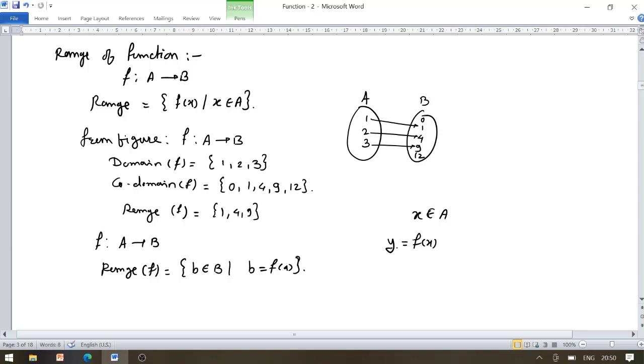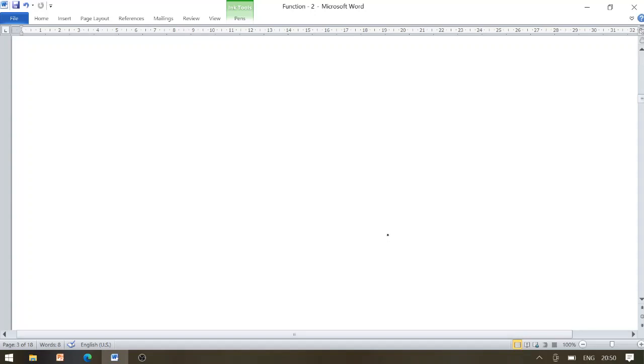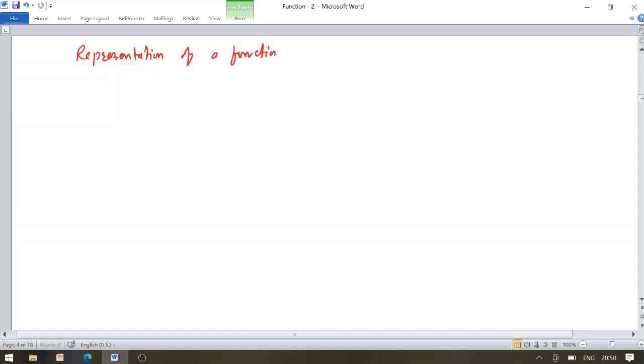Now we have the next topic, that is representation of a function. The first type of representation of a function is the arrow diagram.